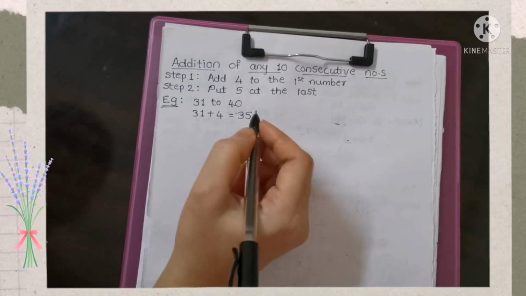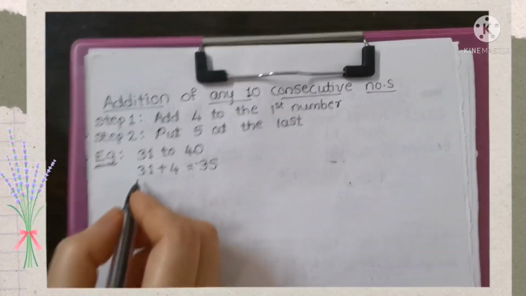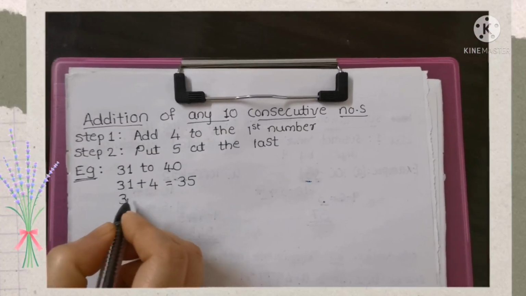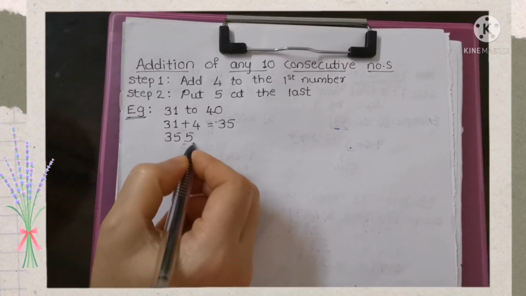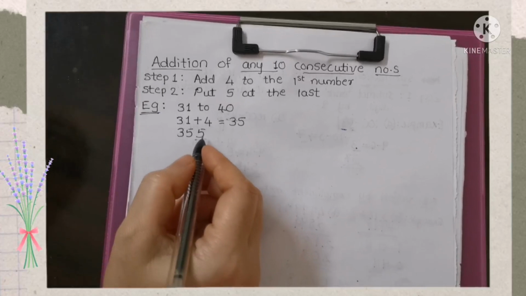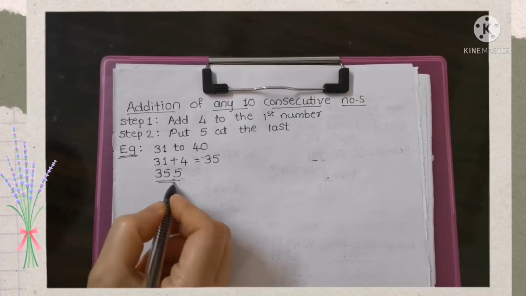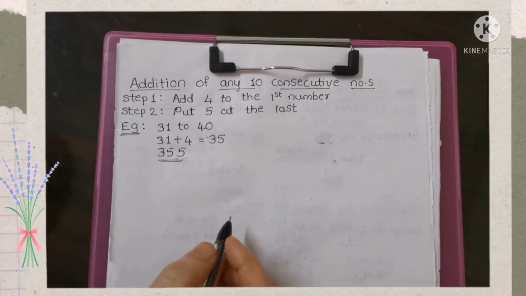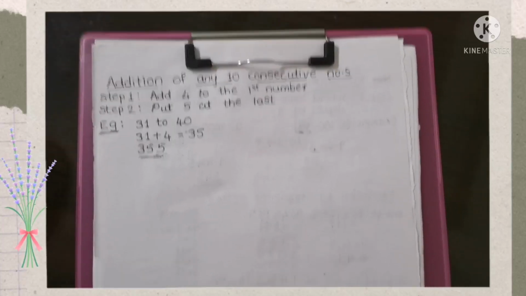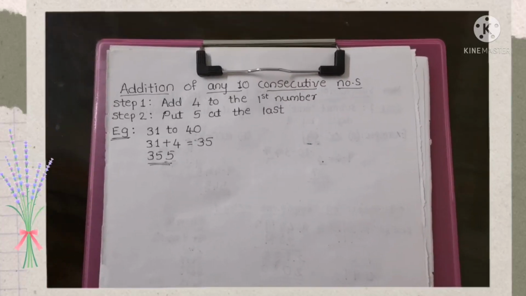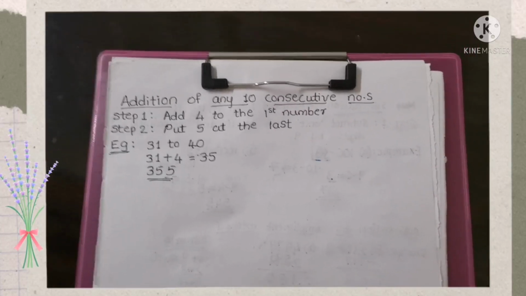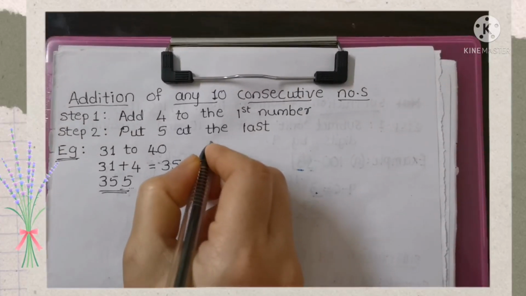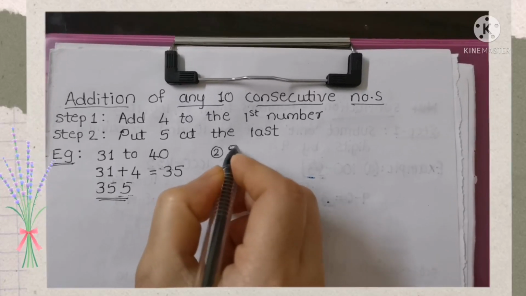Then in the second step, we have to put 5 at the last. So 35 with 5 at last becomes 355. So our answer for 31 to 40 is 355.